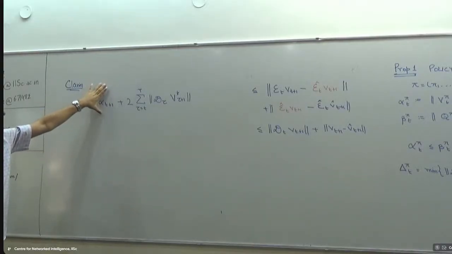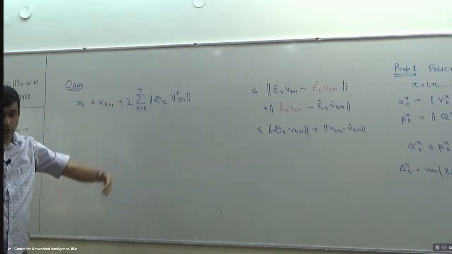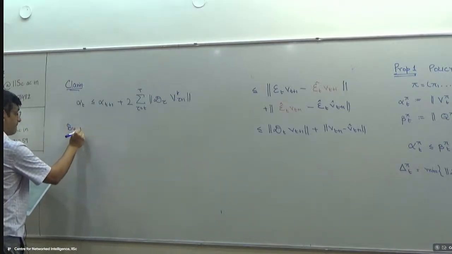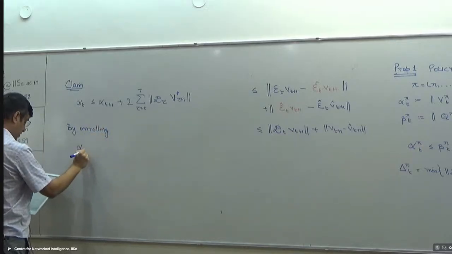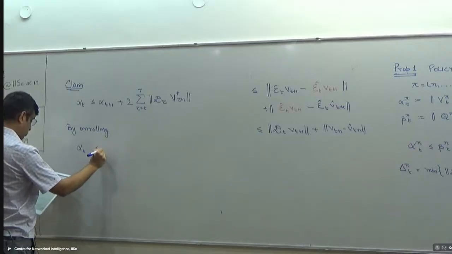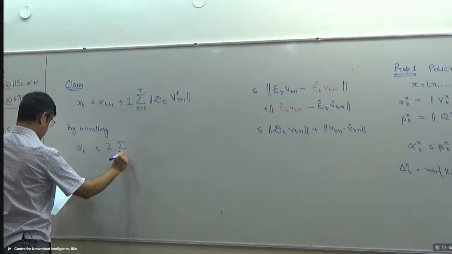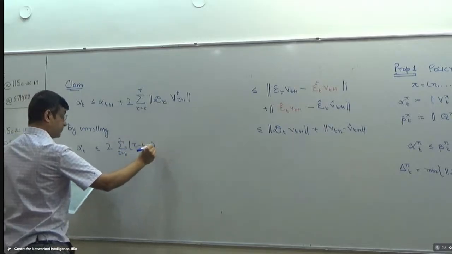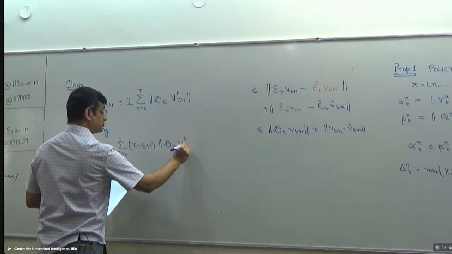If I take this claim and I unroll it, I recursively start substituting the value of alpha t plus 1 in terms of alpha t plus 2 and so on. What I will get by unrolling is that alpha t is less than or equal to twice the summation tau equals t to capital T of tau minus t plus 1 times the norm of the mismatch operator applied to V hat star tau plus 1.